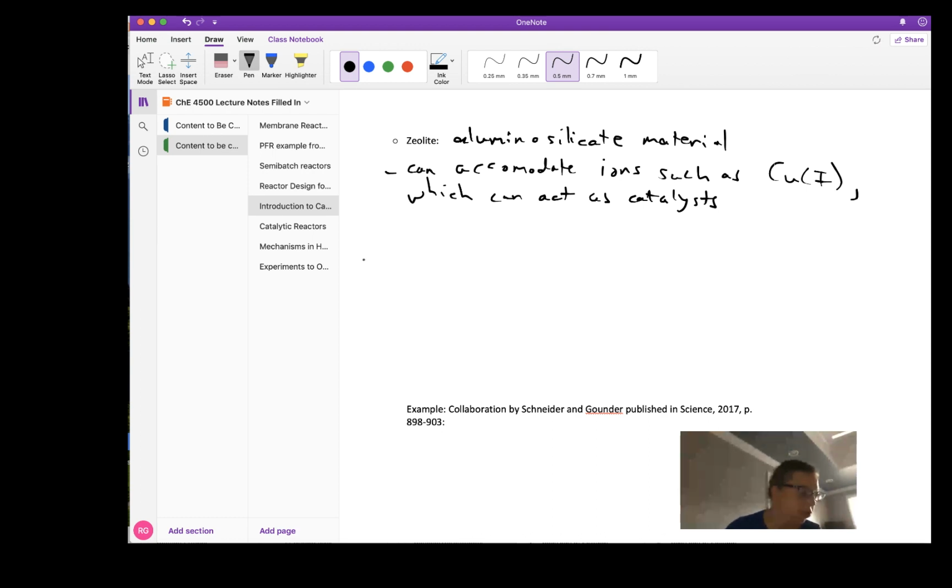The mismatch in the formal charges in the crystal structure, for example, between this aluminum and silicon, creates both Lewis and Bronsted acid sites.